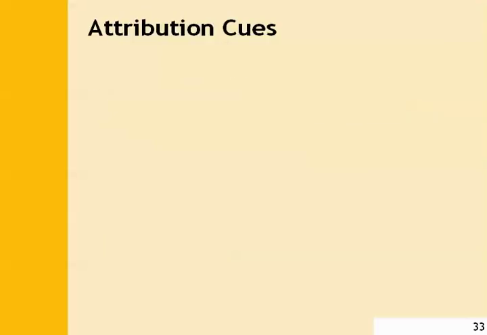طيب ازاي بنحكم على ال behavior سببها dispositional or situational؟ بنعتمد على حاجة اسمها ال attribution cues. والcues دي عبارة عن 3 أسئلة بنسألها لنفسنا.